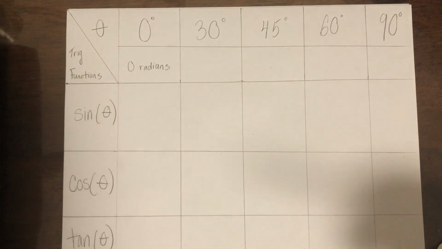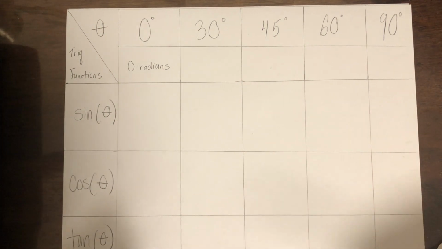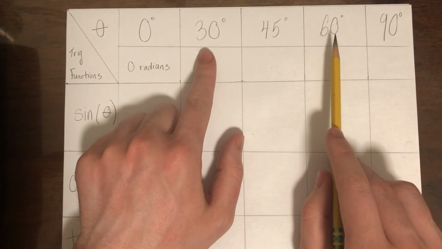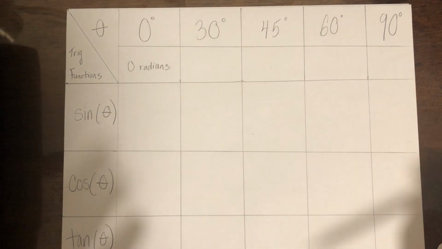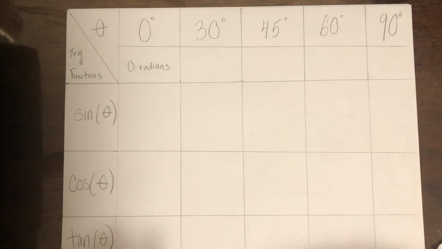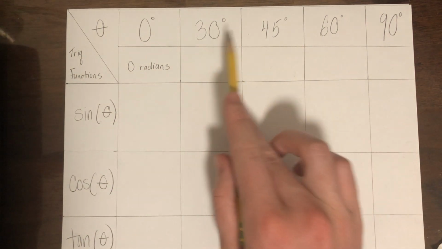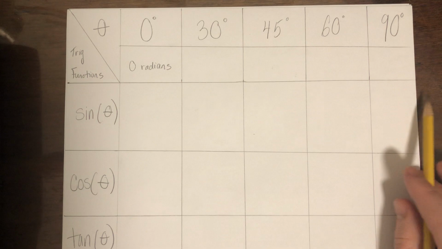30 degrees and 60 degrees I think are very closely related, right? 30 plus 60 is 90. Those two angles are complementary. And you'll see as we go on in this lesson that these two angles, 30 and 60, are very closely related.